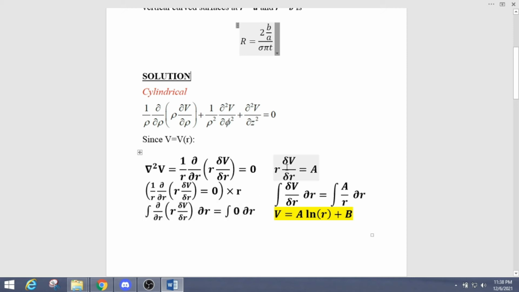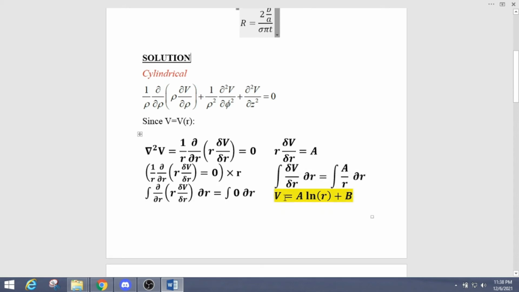So we get r dV over dr equals A. This we assume as a constant. So we substitute A into the equation and we integrate both sides again.